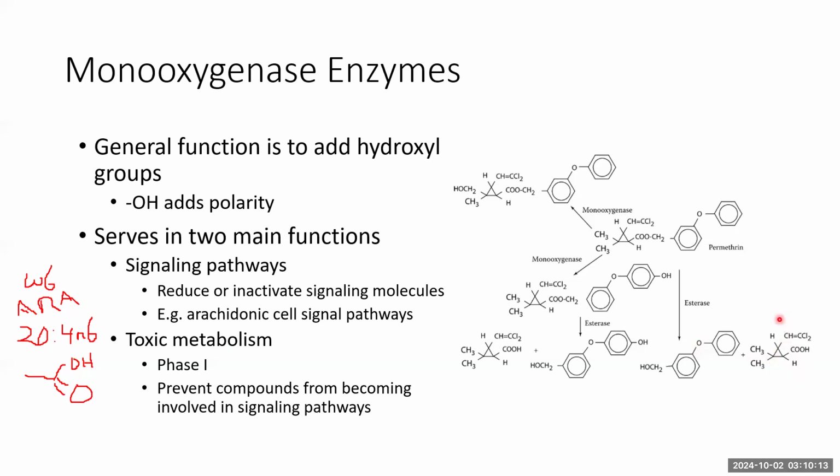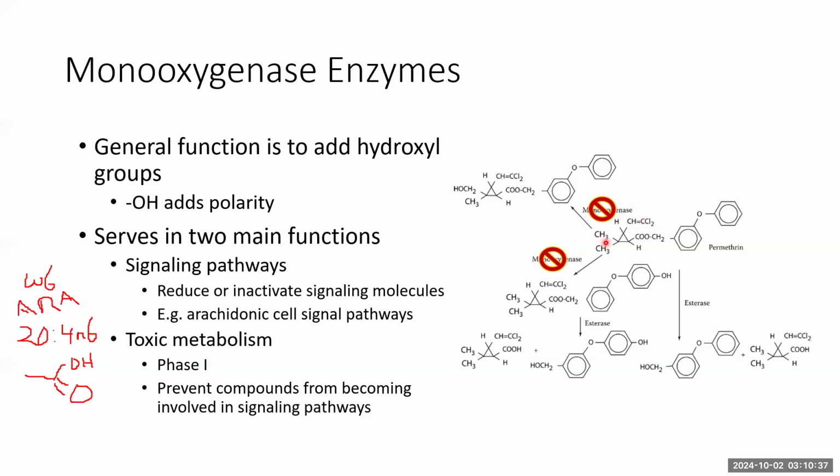And so if we can potentiate by inhibiting monooxygenases, then our compound here, permethrin, stays whole, and permethrin keeps circulating throughout your body if you turn off those monooxygenase enzymes through some potentiation.